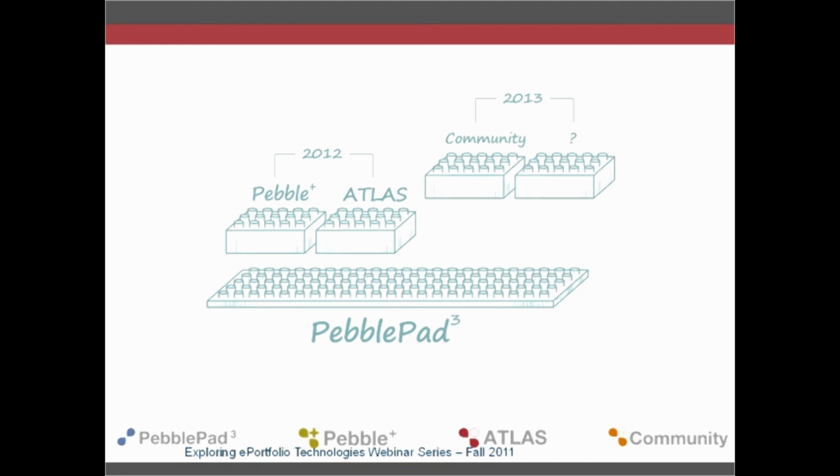In this case, Pebble Plus is the personal learning space. So the plus bit, if you imagine a PLS making up the plus, is sort of a mangled contraction of personal learning space. And Atlas is what we're calling the active teaching, learning and assessment space.